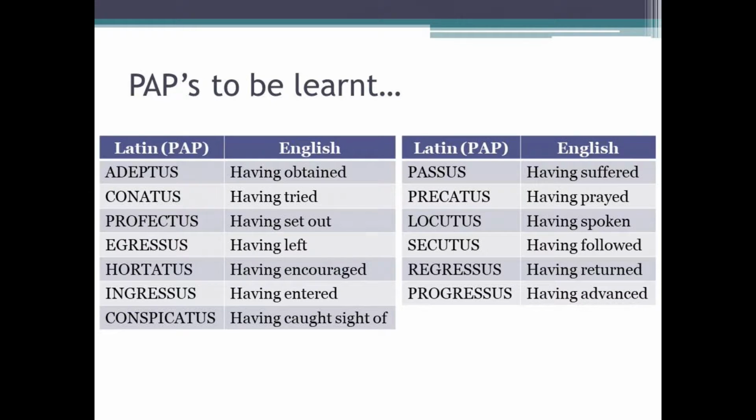Okay, so now let's have a look at the aforementioned list of perfect active participles which you need to learn. Adeptus, having obtained. Conatus, having tried. Profectus, having set out. Egressus, having left. Hortatus, having encouraged.